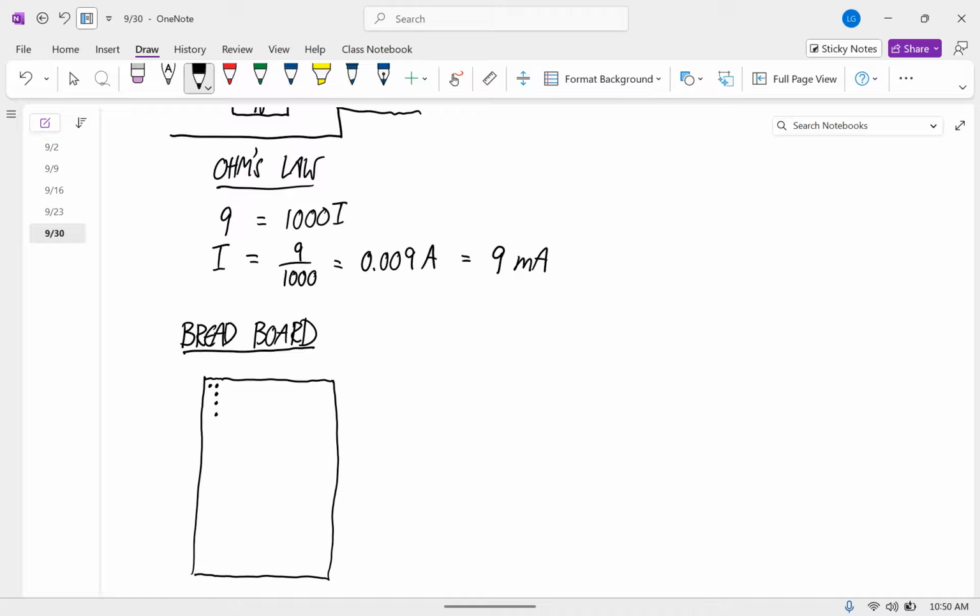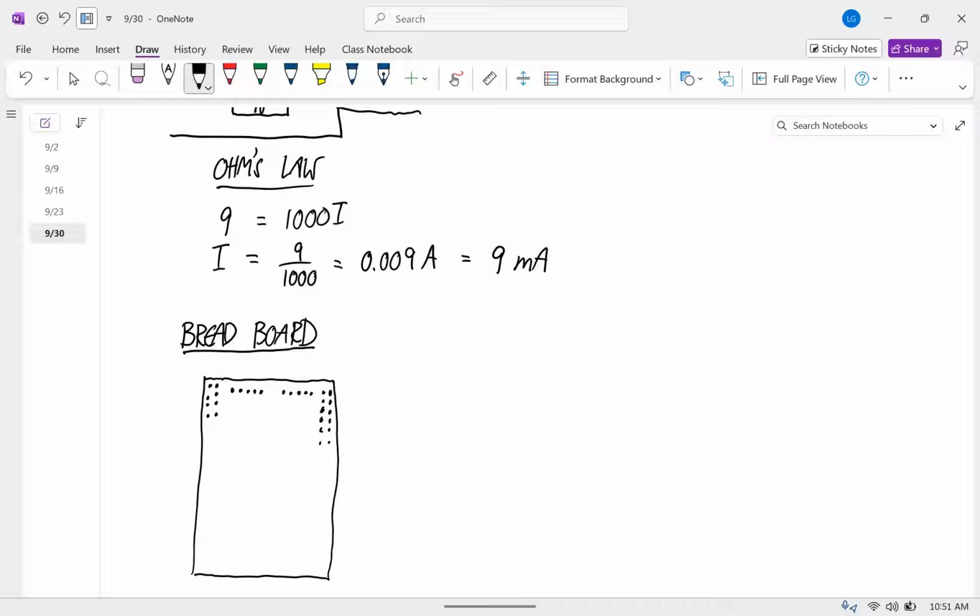So there are these columns that go down this way, and then there are rows that go this way. And these holes are a size that you can just stick wires into.